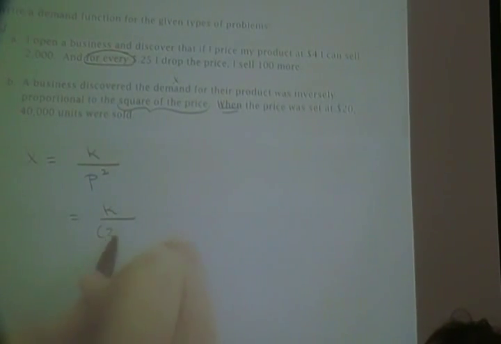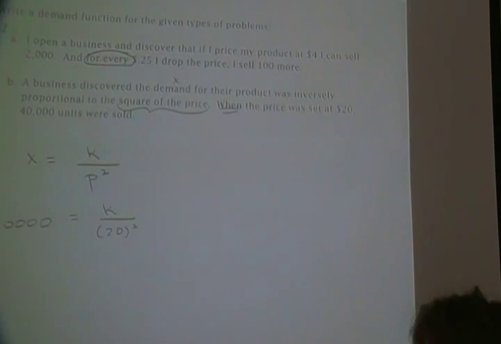The demand is inversely proportional, so the P is in the bottom, to the square of the price, so the P is squared. But I got to figure out what my constant of proportionality is before I can finish this problem. That's from the when statement. When the price was set at $20, so when P was 20, 40,000 units were sold.